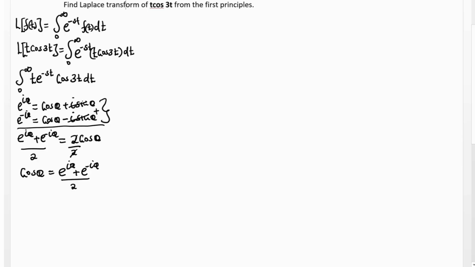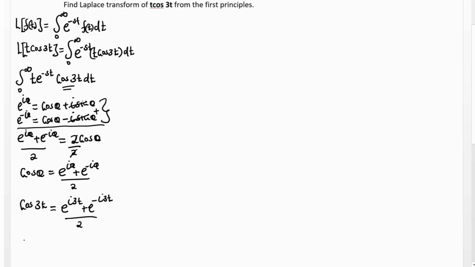We're going to compare this to cos 3t in our equation. Therefore, cos 3t is equivalent to e raised to i 3t plus e raised to minus i 3t all over 2. So we replace cos 3t in our equation.